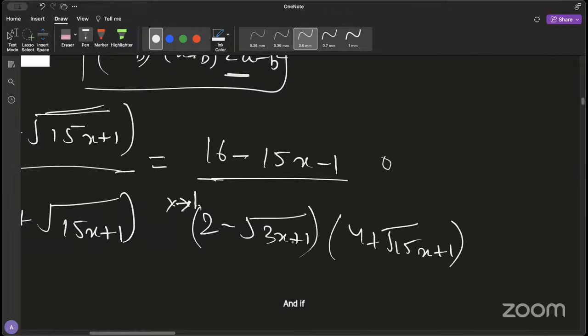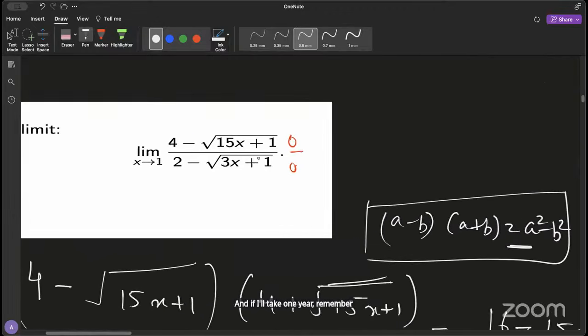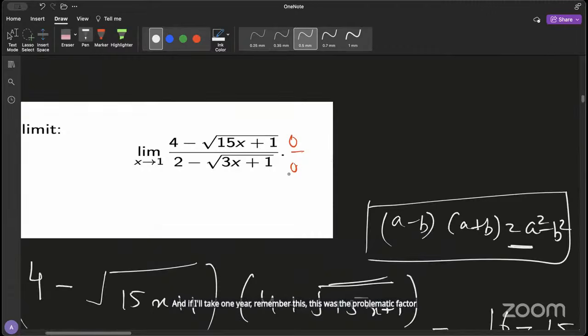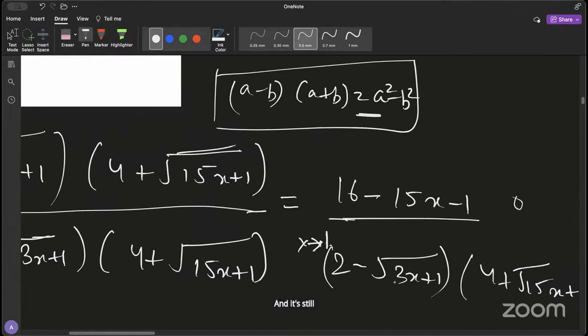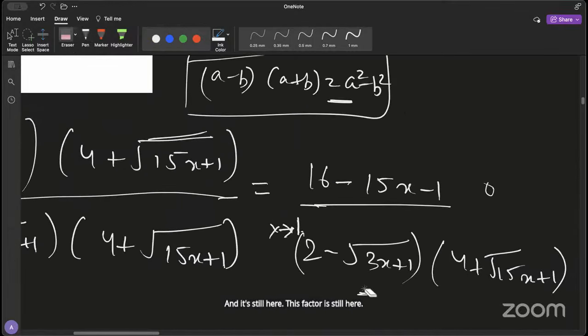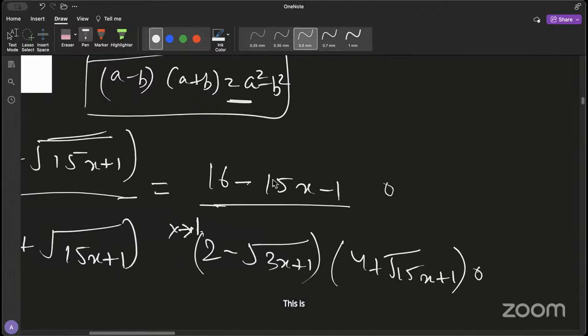And remember this was the problematic factor which was giving me 0 at x tending to 1. This factor is still here. That means it will give you 0 again. This is 0 by 0 form again.